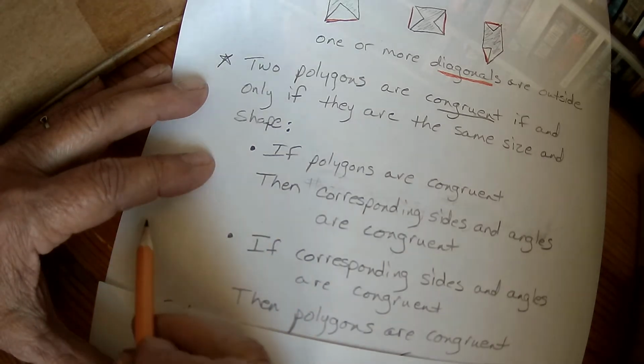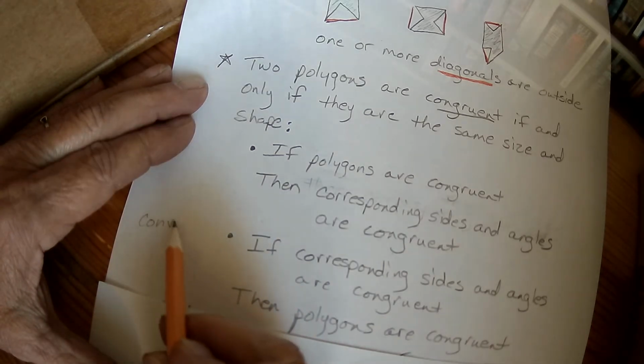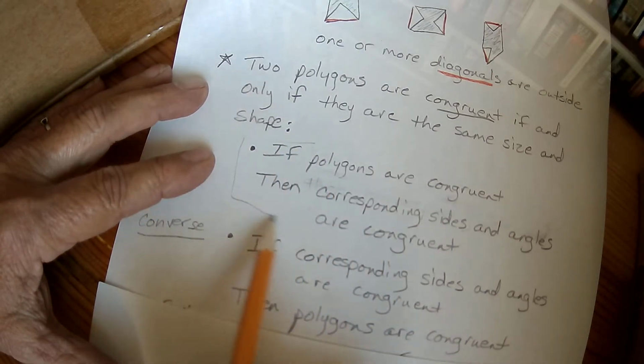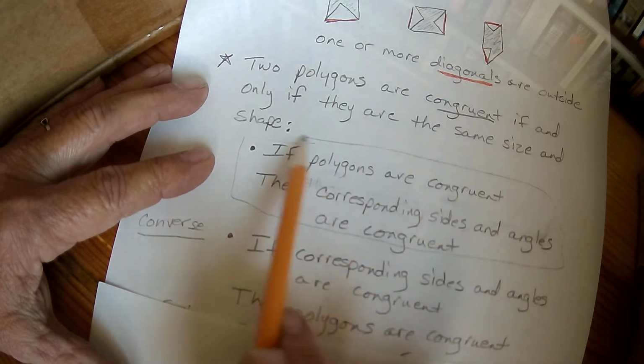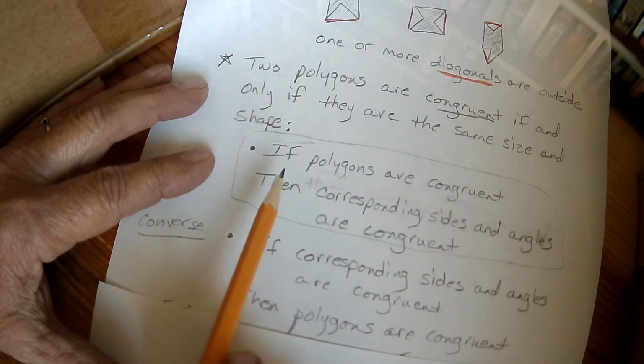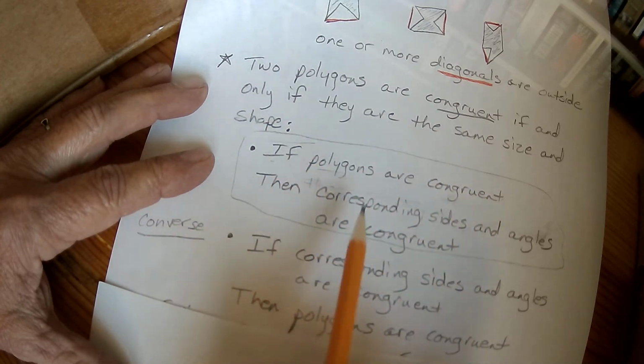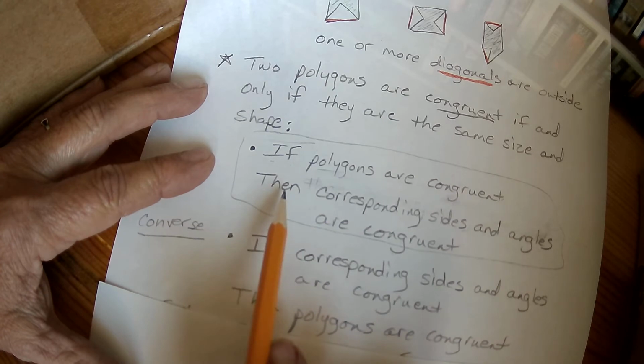I just used a term you might not know. Converse statements. So we're going to be looking a lot at if-then statements in geometry. So if, this is called the premise. Then, this is called the conclusion.